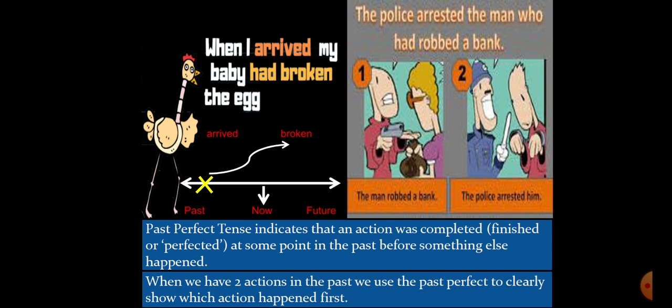How? You can see that both the actions happened in the past, but the arriving of the mother bird and the breaking of the egg are the two actions. And we can notice that the breaking of the egg happened before the bird arrived. Can you see?